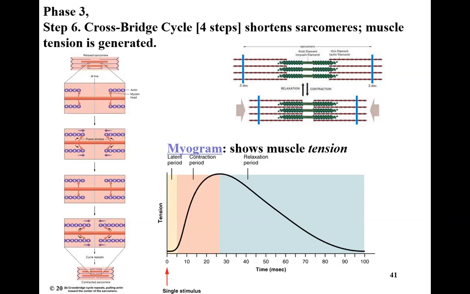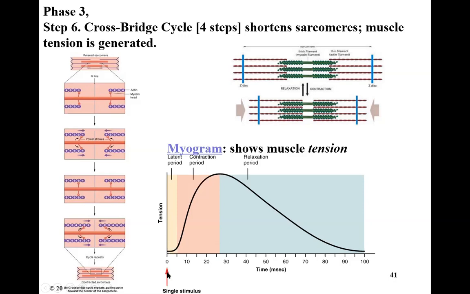So that's your experiment tomorrow. But this particular myogram, so myo for muscle, gram for measurement, is showing you how much tension, how much the muscle has shortened with a single stimulus, a single action potential. So this is time, this is tension or how short it has gotten.